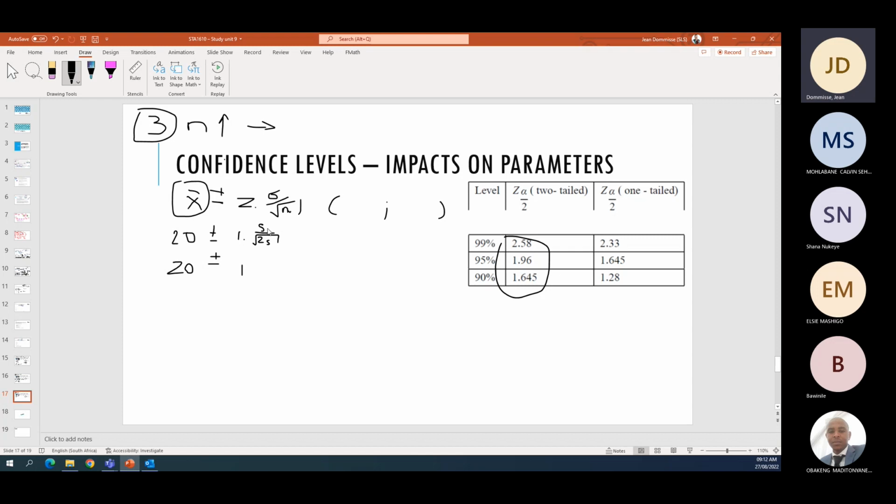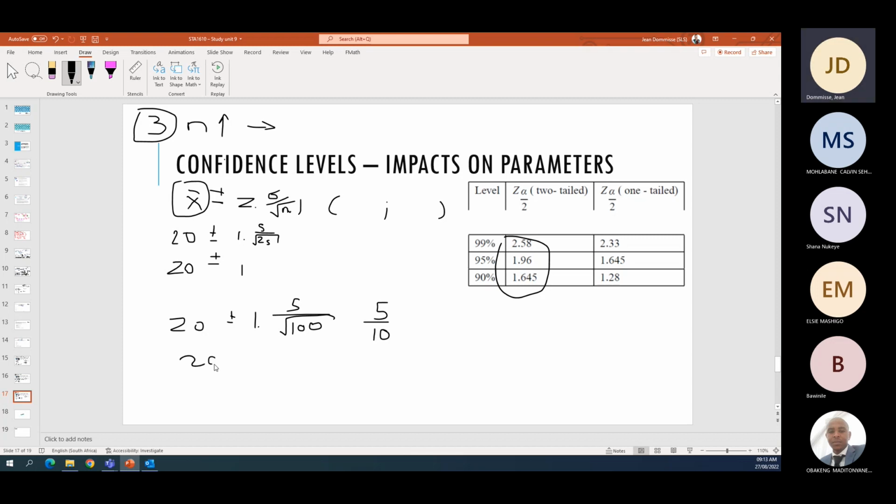So let's say we increase n to 100. All the other stays the same. Standard deviation of 100 is 5. So we sit with 5 divided by 10.